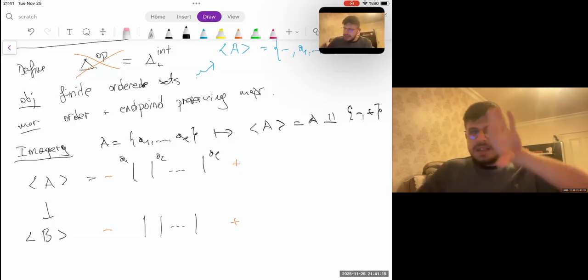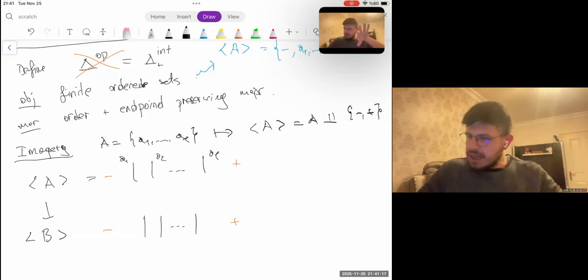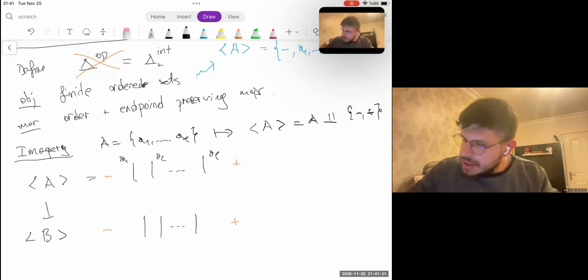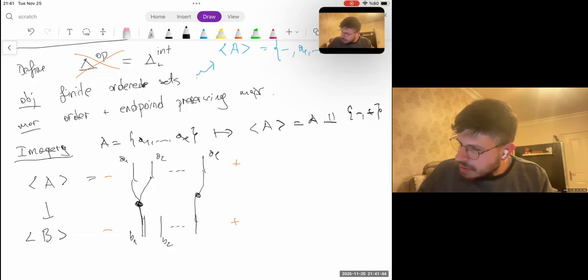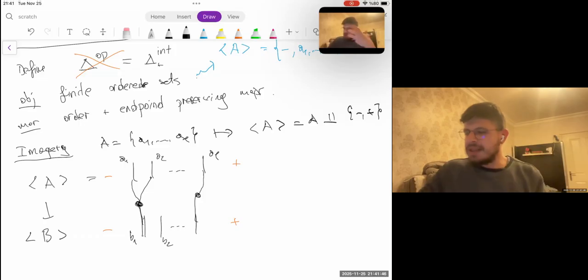But some of the A's on the left can map to the minus, so I will leave them alone. And some of the A's will map into B's. So for instance, A1, A2 map to B1, then nothing maps into B2, and this one maps here, something like this.